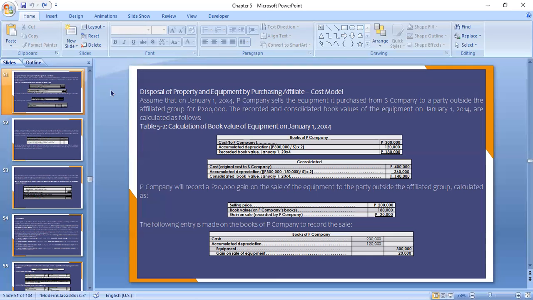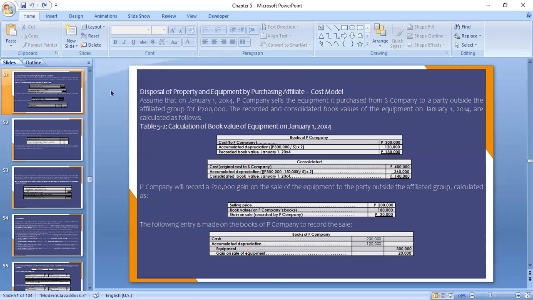Okay, so we have now the cost to P company, or the parent, of 300,000. We have to deduct the accumulated depreciation.